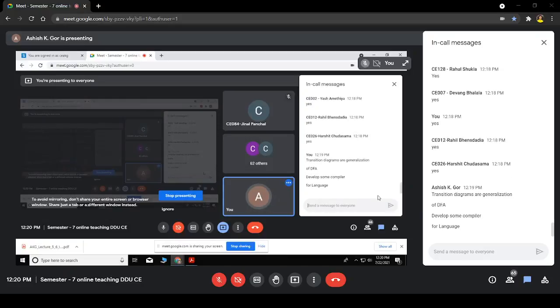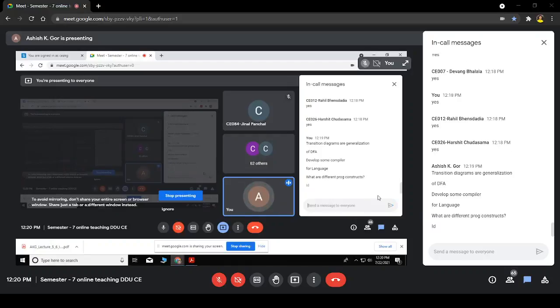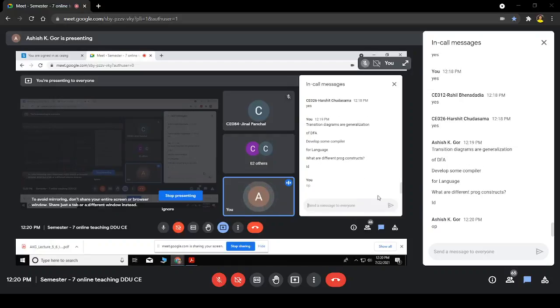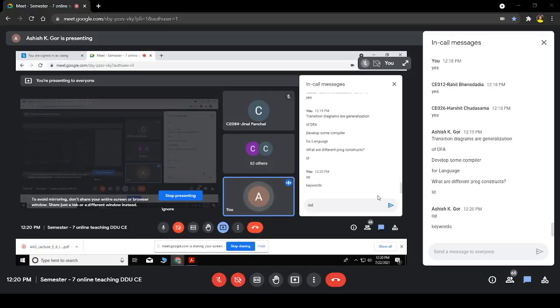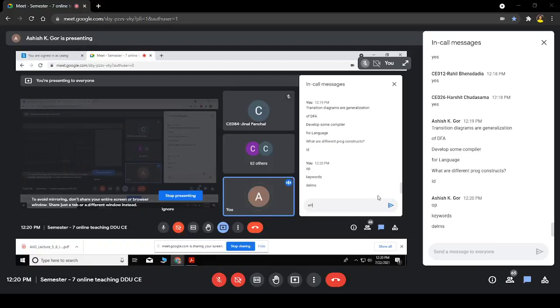So the natural question is, the first thing is lexical analysis. So how will you start? You will identify various regular expressions, like for variable, for number, for unsigned numbers, everything. You will find out what are the different programming constructs, like identifiers, then operators, then keywords, then delimiters, then white spaces, and so many things, right?